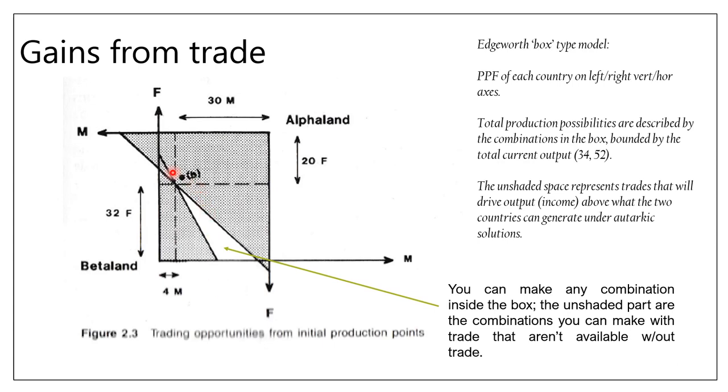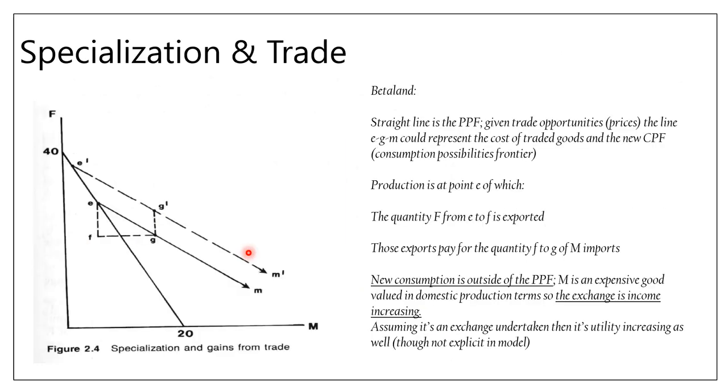Imagine a line that follows right down the production possibilities frontier here. Even though we're not drawing both together, we're moving the top piece of the box off so that we can focus just on Beta land here.